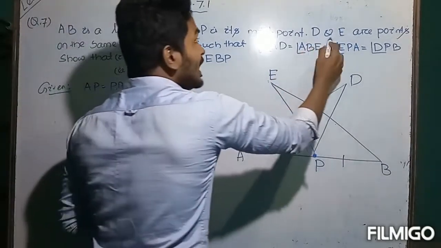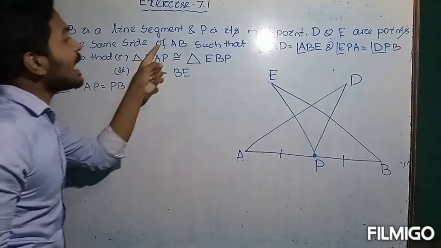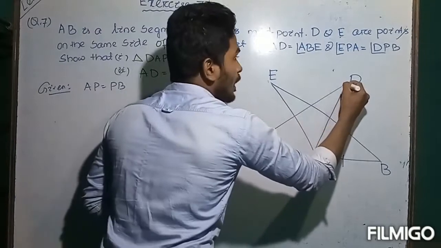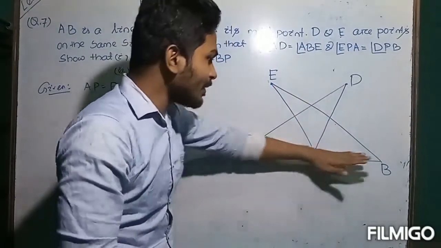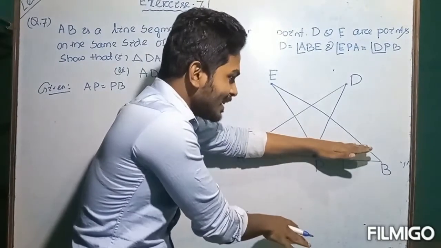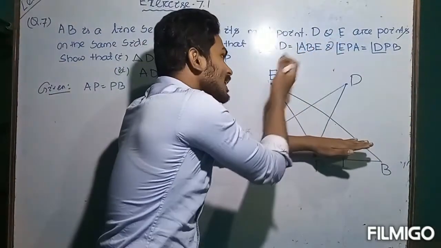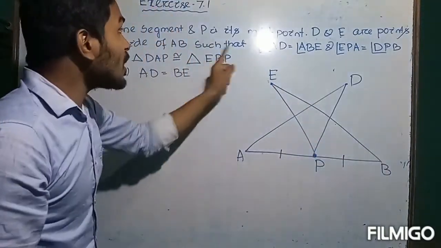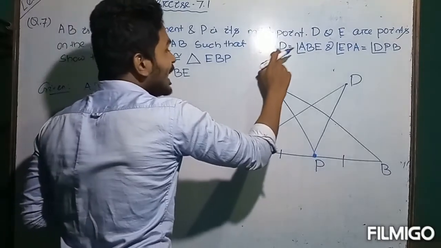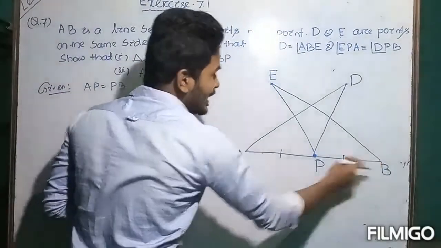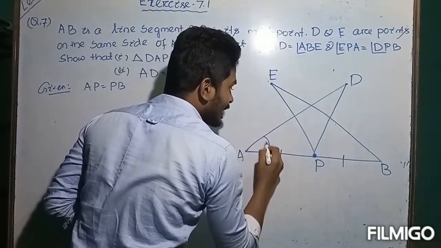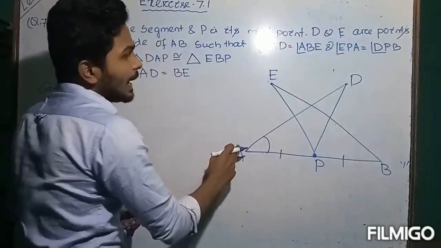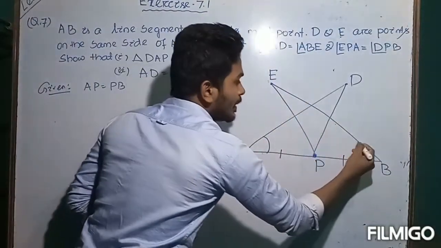Understood? And D and E are points on the same side of AB. Means if AB is a line, then this is one side and this is another side. So both D and E lie on the same side, that means towards the uppermost direction of AB, such that angle BAD is equal to angle ABE.